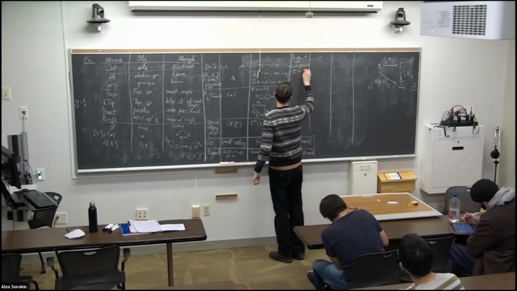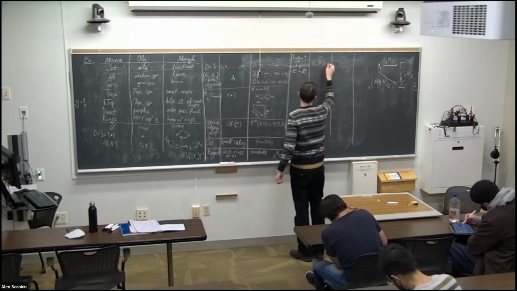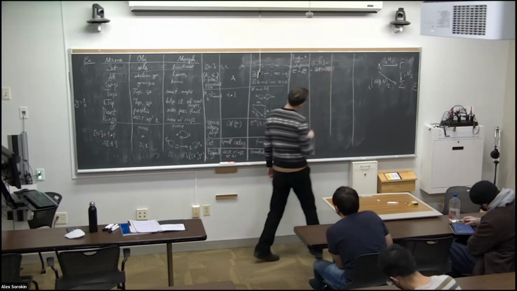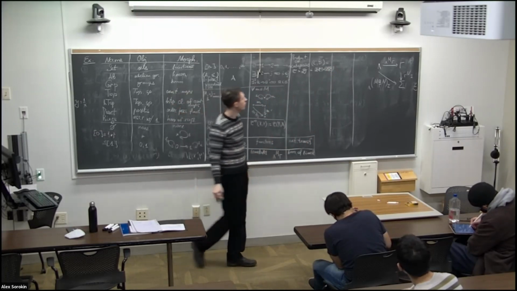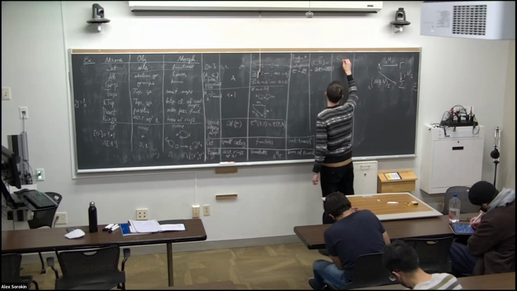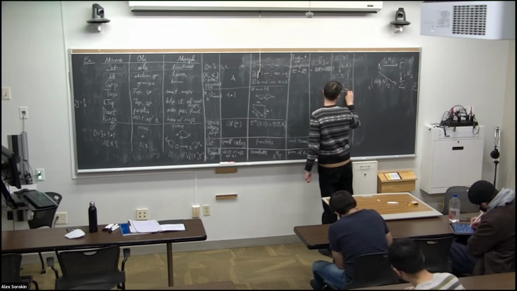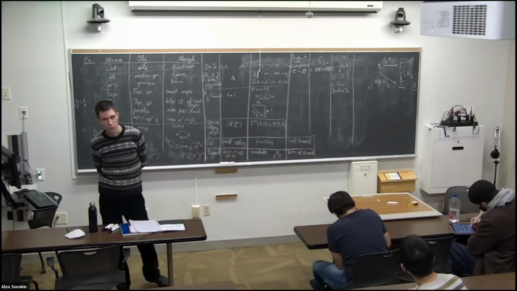Product of categories C cross D. Objects are pairs (c, d) with c belonging to C and d belonging to D, and morphism sets are, no surprise, a morphism from (c, d) to (c', d') is given by a pair (c small, d small), where c small is from c to c' and d small is from d to d'. We're just going component-wise. This is the product of categories.